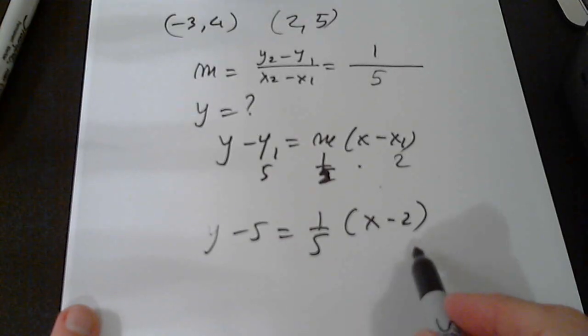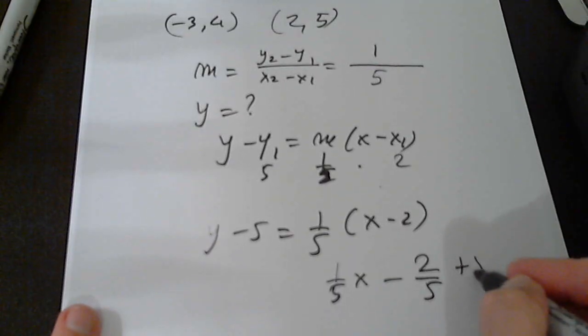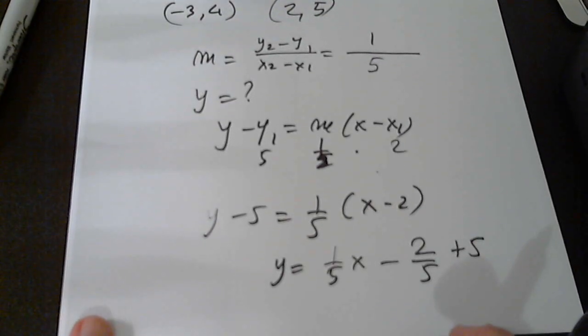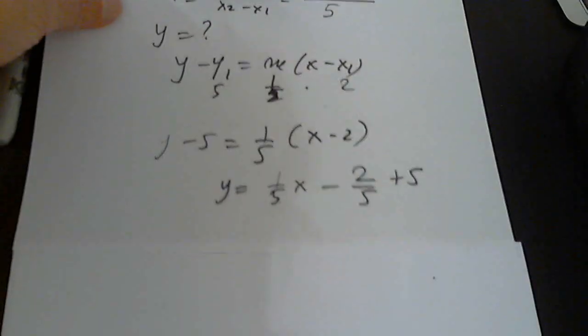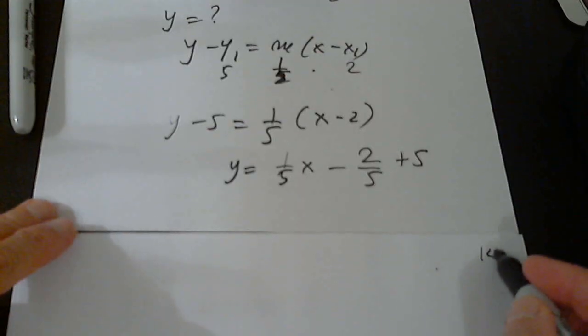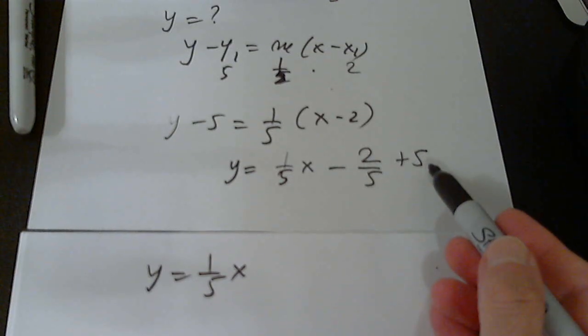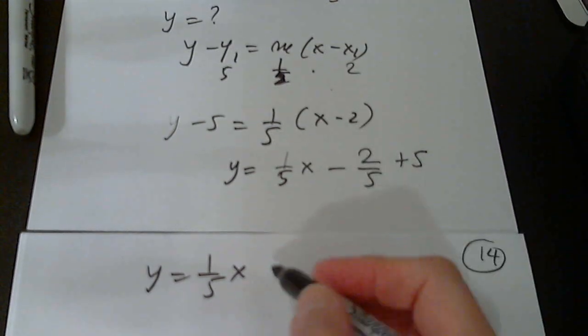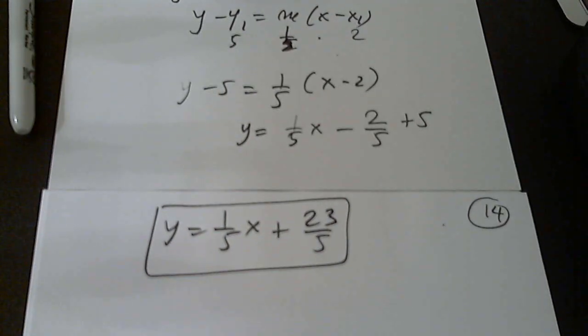You must distribute first. 1/5 x minus 2/5 and then plus 5. You have to find the least common denominator. So y equals 1/5 x. 5 times 5 is 25. Subtract 2. Good. Next question. Anything else?